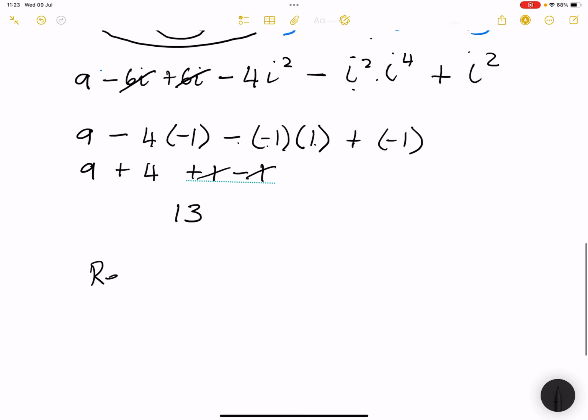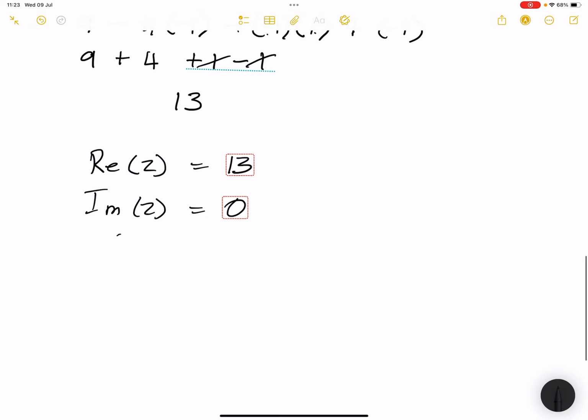So what can we say? The real part of this is 13, and the imaginary part is 0. Okay, so if you wanted to write it down as a complex number, it means that this would be 13 plus 0i. Okay, that is what it would look like.